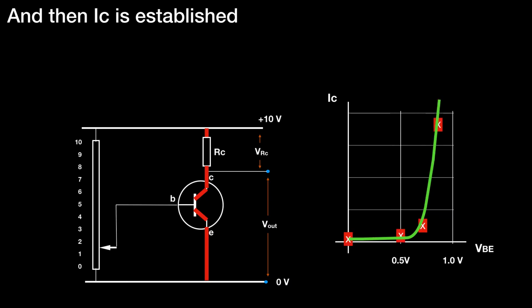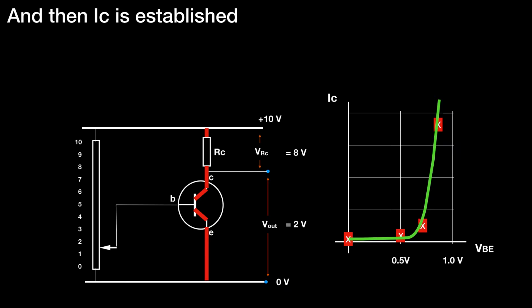As we continue now, IC becomes fully established as perhaps we go up to 1.5 volts. And perhaps we're seeing 8 volts across the collector resistor, with only 2 volts remaining across the transistor.